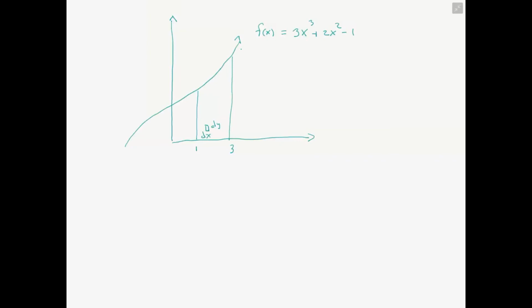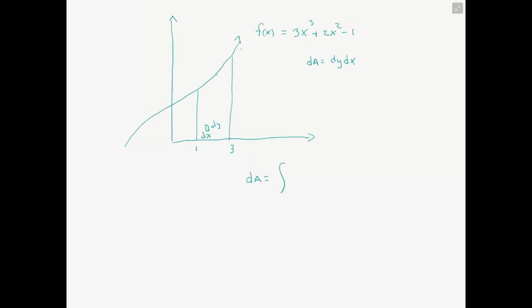So what we do is we go dy dx, and our differential area is equal to dy dx. And we're adding these up. There are going to be an infinite number of these. We're going to be adding them up between the x-axis and the curve itself, and between 1 and 3 on the x-axis.